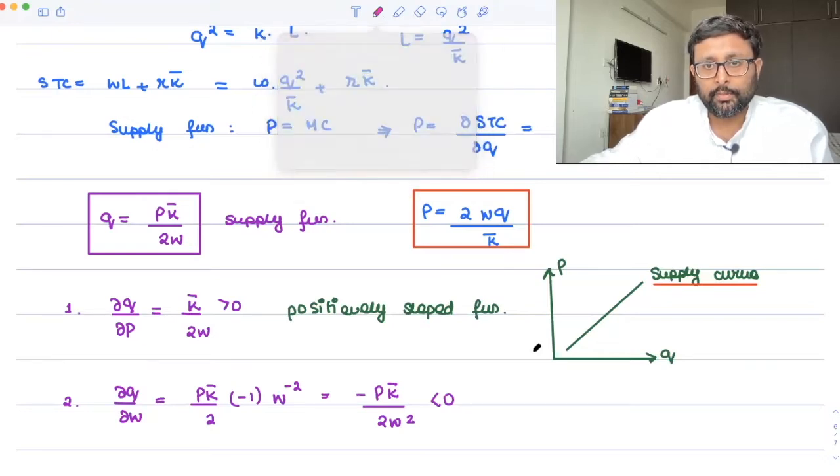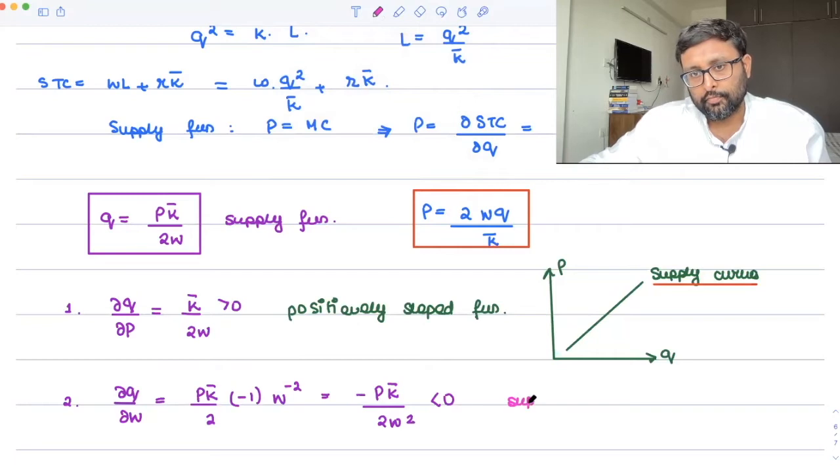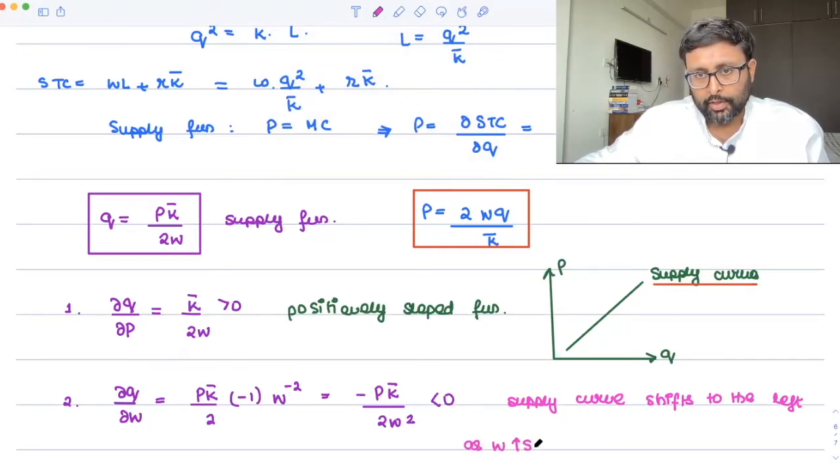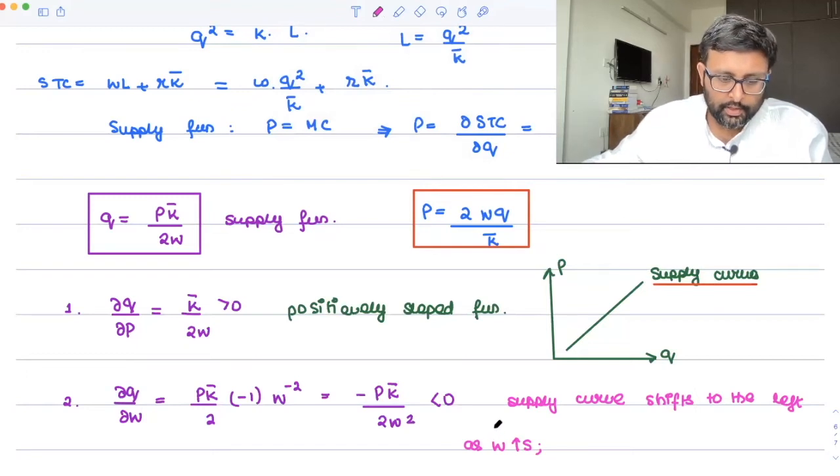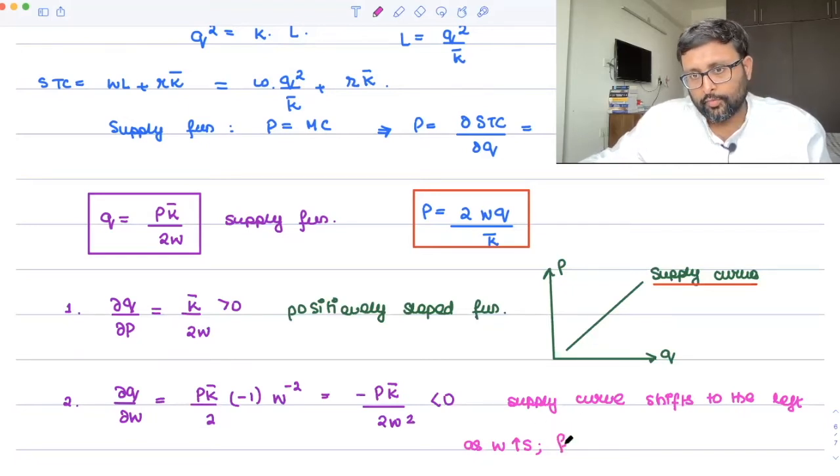So you can just write it somewhere: supply curve shifts to the left as W increases. For any given price, if W is going to increase, you'll be supplying less, right?